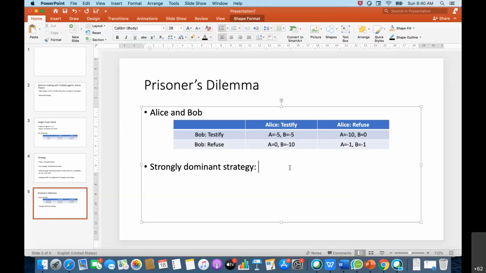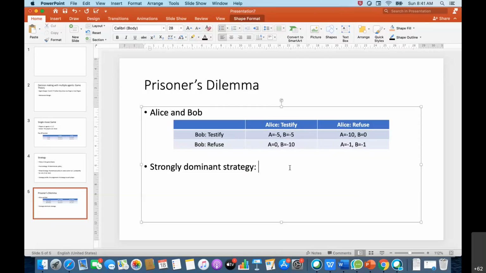Strongly dominant strategy means the strategy for which the outcome for the player is always better, irrespective of the choice of the other player.